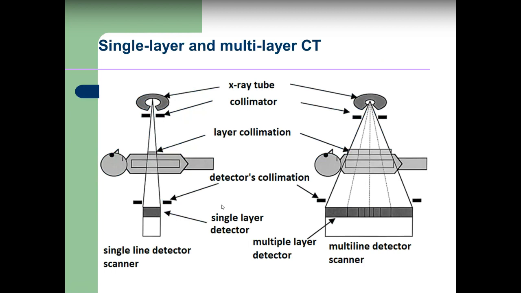On the other hand, helical CT, also called spiral CT, in the second figure, is performed by moving the patient table at a constant speed through the CT gantry. The gantry is the hole in this scanner, while scanning continuously with an X-ray tube rotating around the patient.